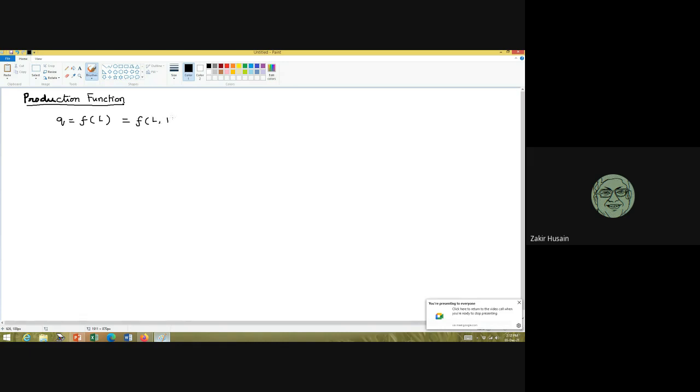Actually, we have other inputs, let us say capital, but if we assume that capital is constant, we can write output as a function of labor only. Now let us say we take dq by dl, which is the marginal product of labor, and suppose this is 10.